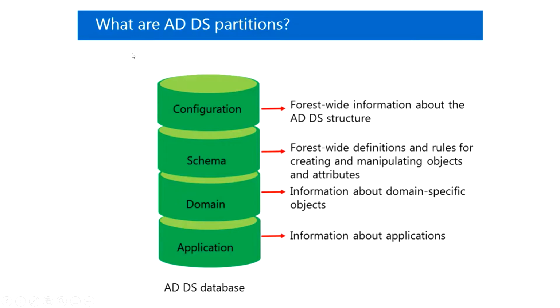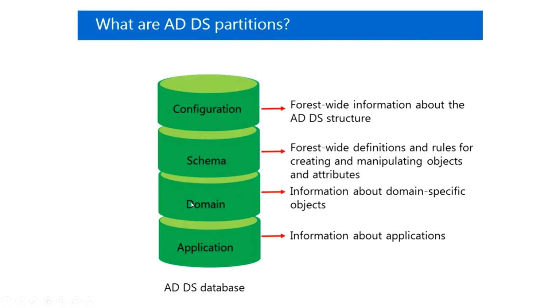So let's see what are the partitions available in the Active Directory Domain Services. There will be 4 partitions, which will be the configuration and schema partition, the domain partition, and the application partition. The configuration contains forest-wide information about the Active Directory structure, and the schema is the main partition that contains the forest-wide definitions and rules for creating and manipulating all the objects and the attributes in AD.